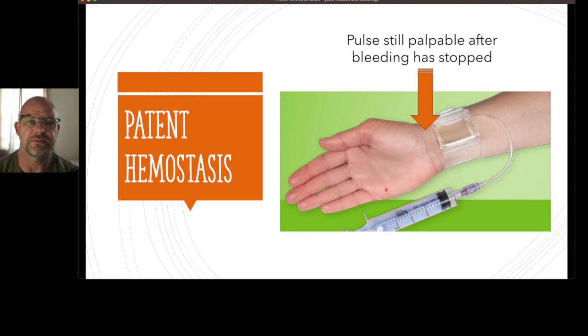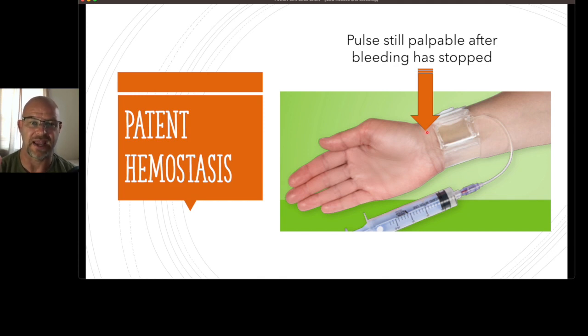But one of the things that's important for this, it's no problem to crank this thing up and stop all blood flow, but that's not what we want. We want patent hemostasis, and that means that we have a pulse distal to the site on the same artery that was punctured with no bleeding. And that's patent hemostasis, and that's your goal when you inflate this. You should be able to palpate a pulse distal to the band.